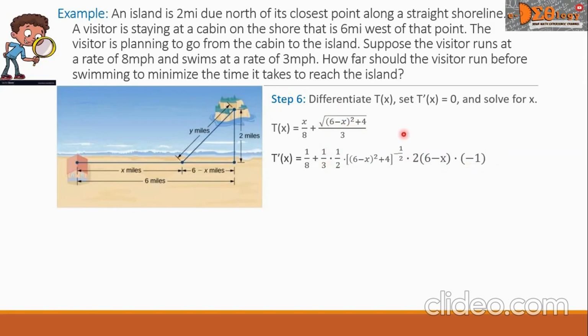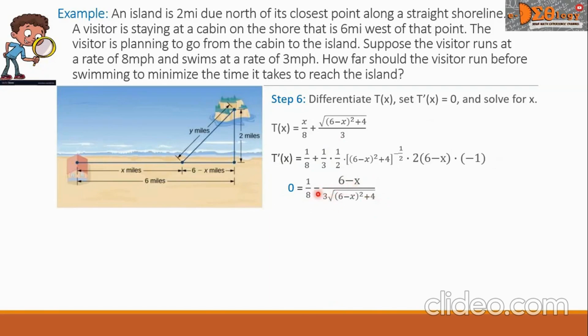Now, let us simplify this big expression here. Also, let us set T prime of x equal to 0. So we will have 0 equals 1 over 8 minus 6 minus x all over 3 times the big radical here. From here, let us now solve for x.